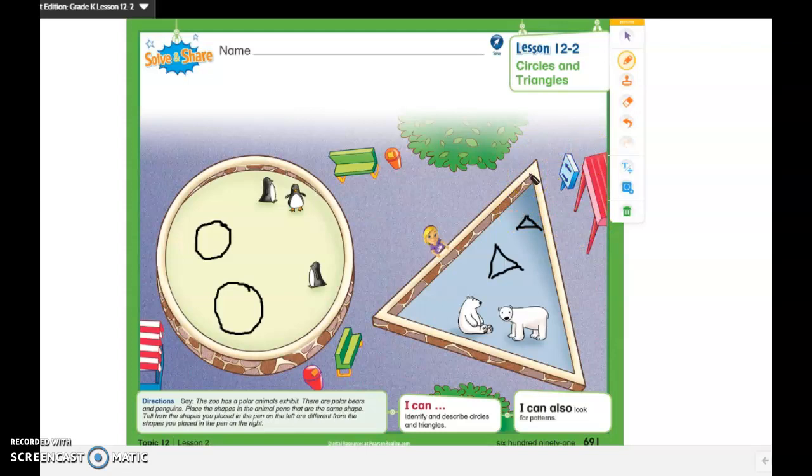The triangle has three sides and they're all straight lines. And when I say straight, I don't mean they're not tilty. I mean they're not curved. So when we're learning about shapes and we use the word straight, we mean it isn't curved. So this is not a straight line.